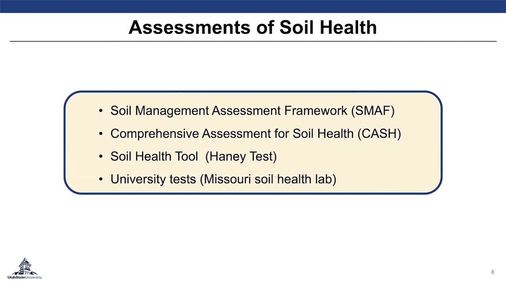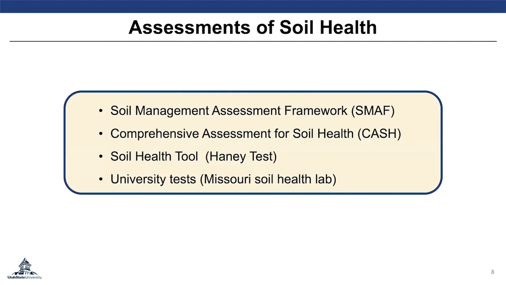So now to help you progress on this path towards improving your soil's health, researchers have developed these assessment frameworks. The first one was the Soil Management Assessment Framework, developed about 15 years ago, and that's mainly used just by researchers for soil health.